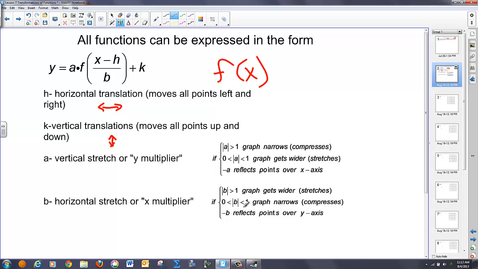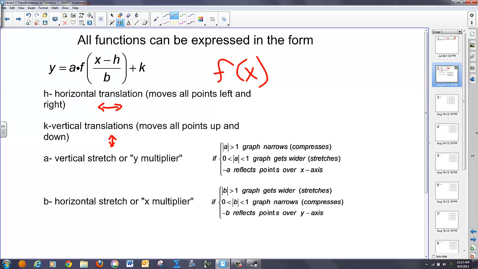If I have a b value less than 1, then it's going to narrow or compress the graph again because I'm taking some x value and multiplying it by a fraction. And if I multiply an x value by a negative, that's going to reflect over the y-axis.